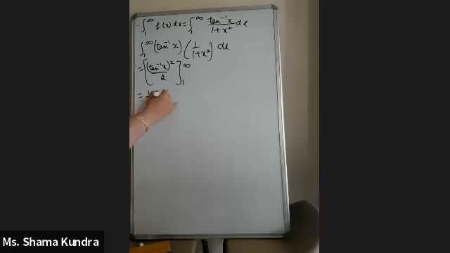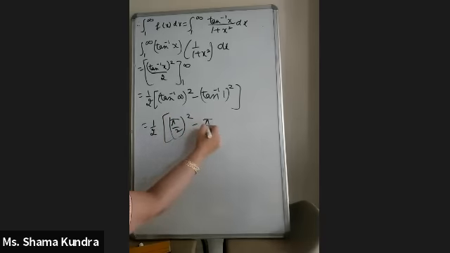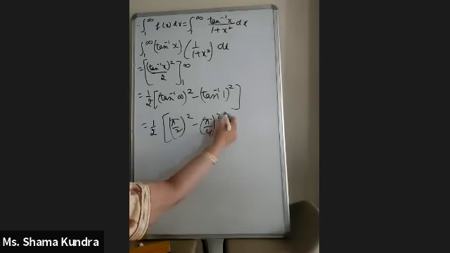One by 2 take common. Tan inverse infinity is pi by 2. Tan inverse 1 is pi by 4. This is a finite value.